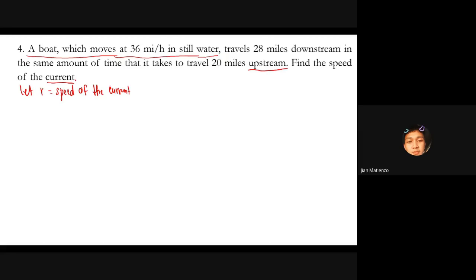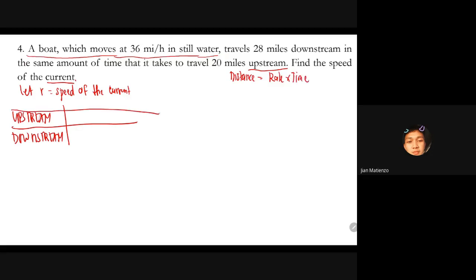Then, as suggested earlier, we will be making use of the table. We have here the upstream, and we have the downstream. Now, this is an example of a distance problem. Remember, distance is equal to the rate multiplied by the time.